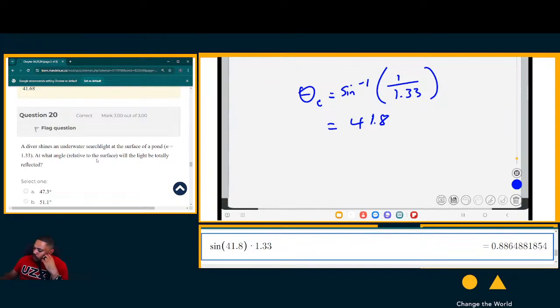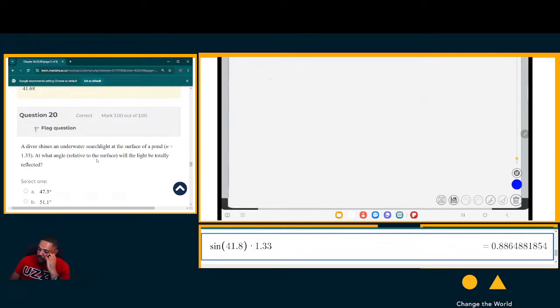Oh, sorry, I switched these two up. This is a problem. So it goes from something at a high incidence angle to something with a lower incidence angle.